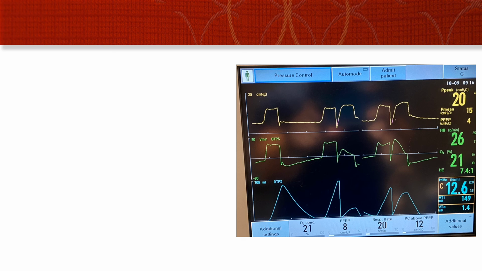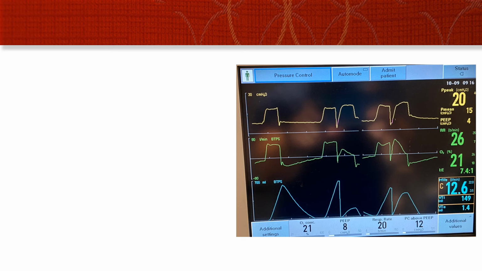And then you see these two instances of doubled breaths where the patient begins an exhalation, but they trigger another breath. And in any pressure control mode, again, we're controlling the inspiratory time. And so the patient gets the set pressure that you've picked for the set time that you've also picked.